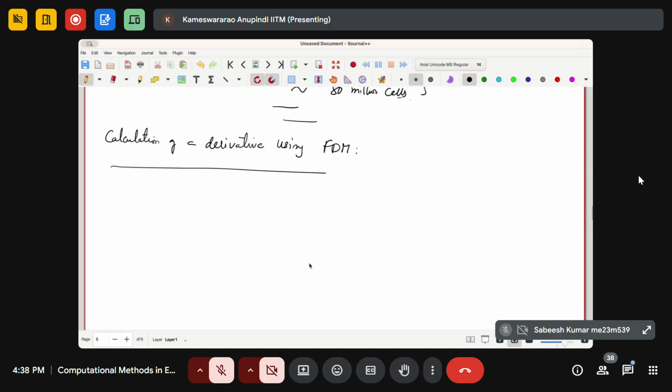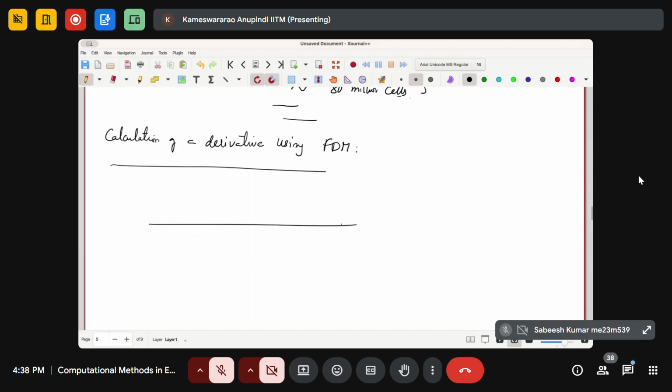As you recall, if you have a one-dimensional problem, you may discretize it with several nodes like this. Typically, we'll have some dependent variable in a partial differential equation, let us say u or f, and the independent variable is something like x or y. That means we have to calculate the change of u with respect to x or the change of u with respect to y.